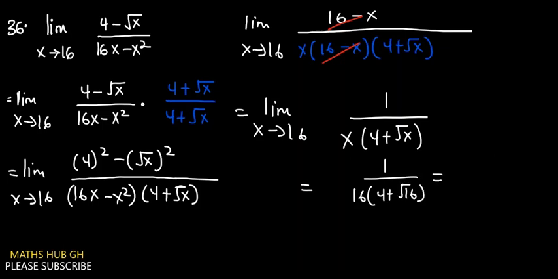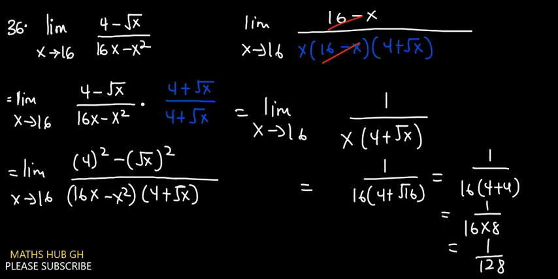So this is going to give us 1 over 16 multiplying 4 plus 4, which will be equal to 1 over 16 times 8. 16 times 8 will give us 128. So we are going to have our answer to be 1 over 128.